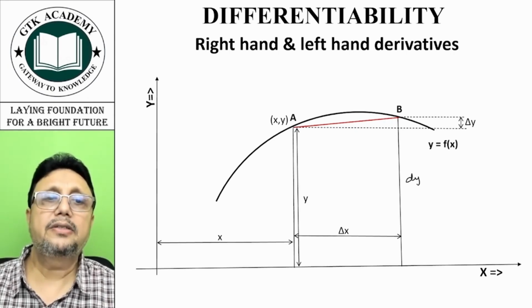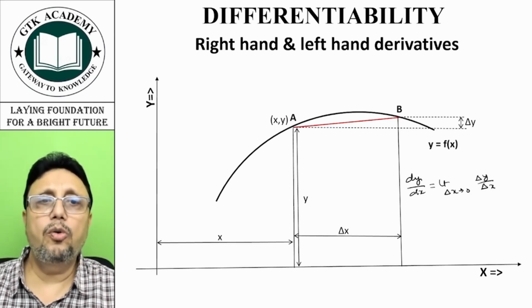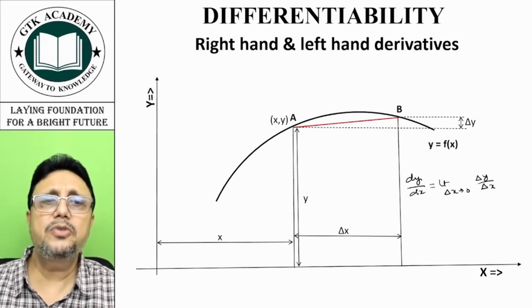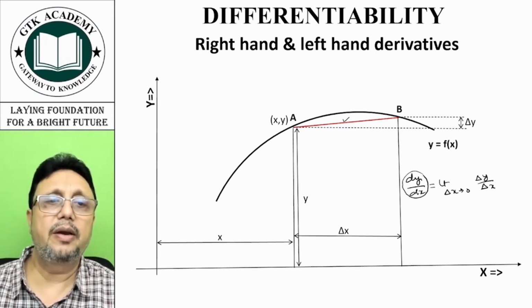Now, dy by dx is defined as limit delta x tending to 0 of delta y upon delta x. That means the slope of AB when delta x tends to 0, it nearly becomes 0. At that time, whatever the slope of this line is, that is equal to dy by dx or the derivative.